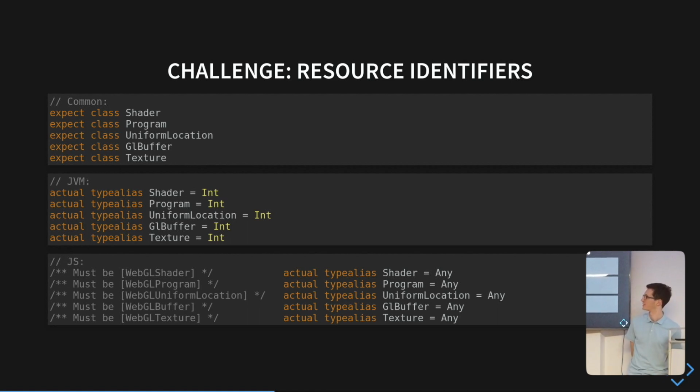And the way I solve that is just to create expect classes for all of them and use actual type aliases for integer on JVM and for any on JavaScript, which neither of them is great if you are using them as either a Java library or a JavaScript library, but it is actually fine if you are using them as a multi-platform library, because then these types won't be interchangeable. So you can't just say shader equals program or something like that, because the compiler will tell you that they are different.